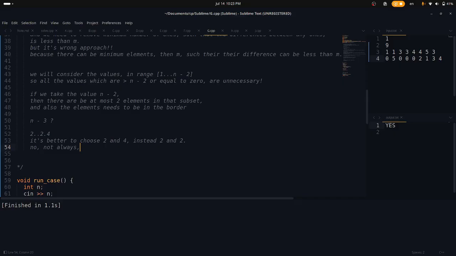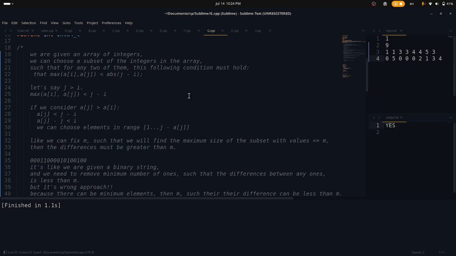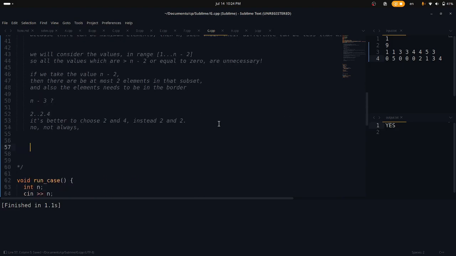Yeah, it's not always, I think, because if there is a 3 in the right side of 4, which is valid for 2, not for 4, then we can have the sum 7 instead of 6. So we basically cannot greedily choose, I think.